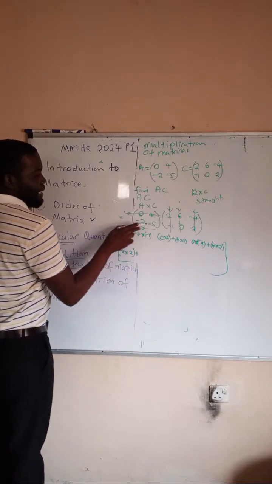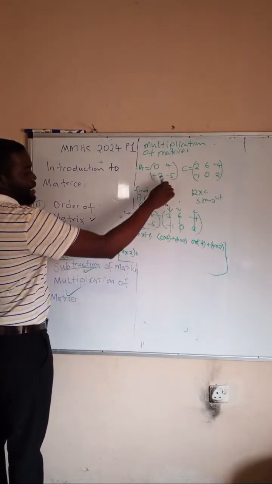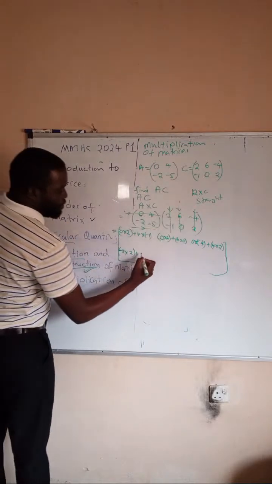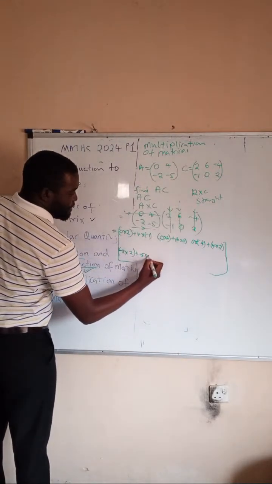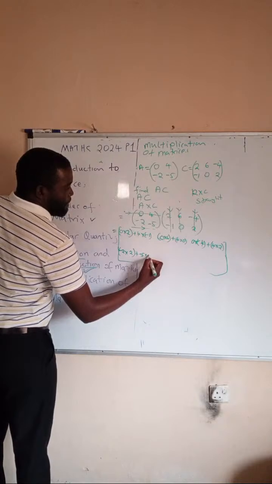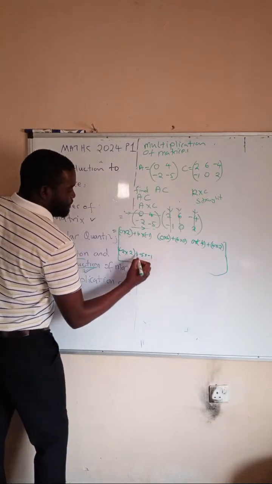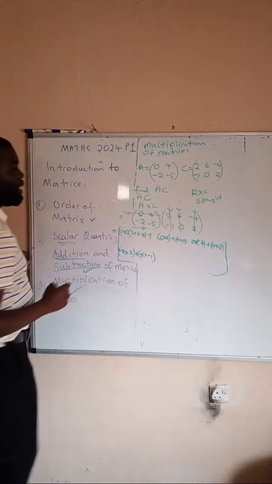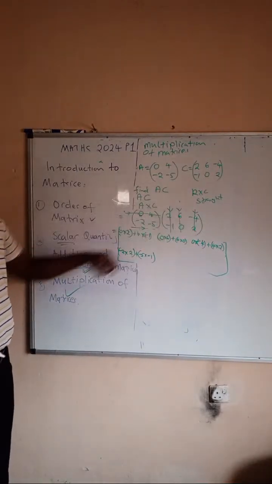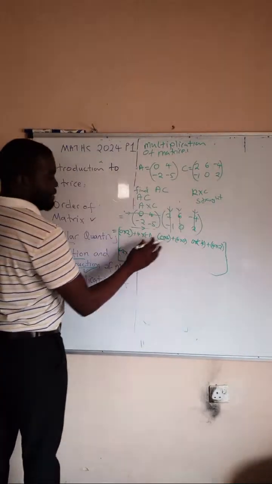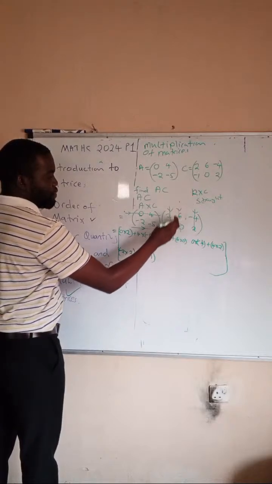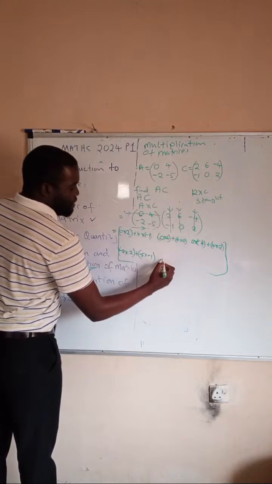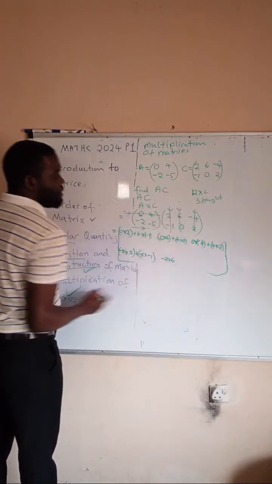Plus the second one here is negative 5, and the second one in this arrow is negative 1, so negative 5 times negative 1. We are done. We will leave space here because of this column. Negative 2 times 6.